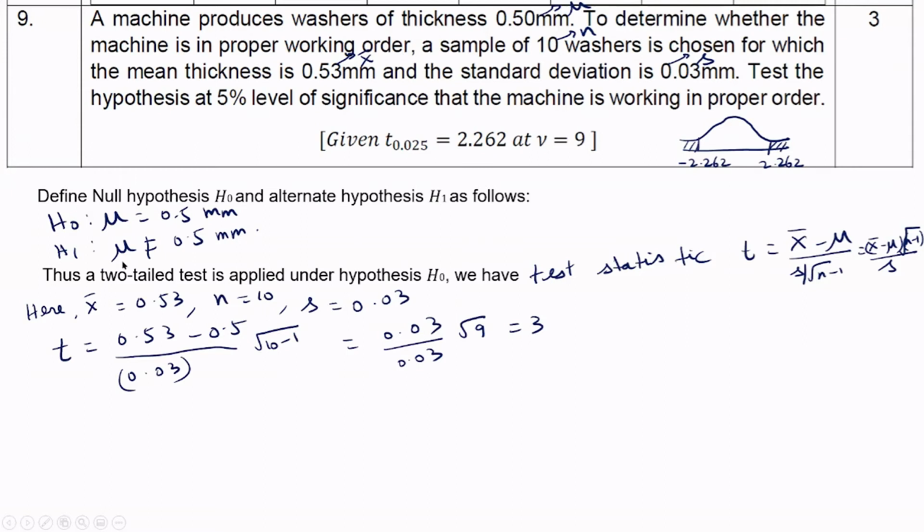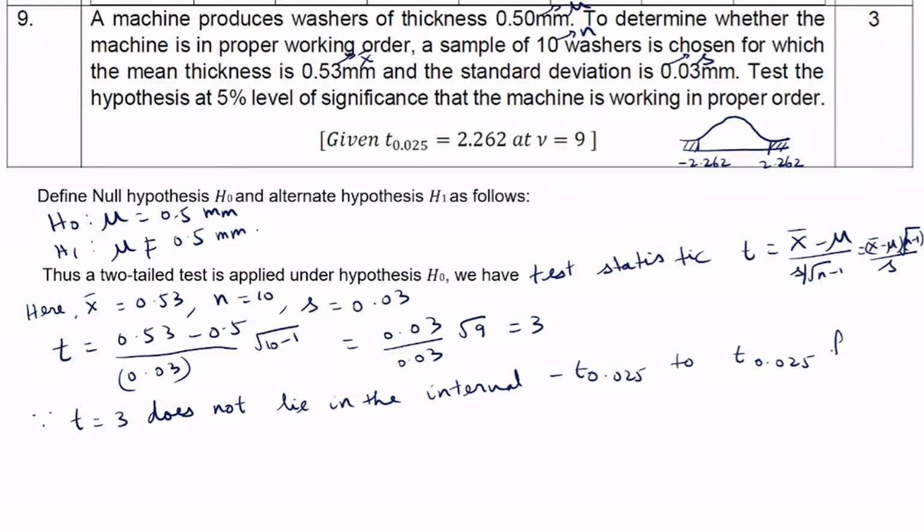So let us write the step. Since t equal to 3 does not lie in the interval minus t 0.025 to t 0.025 for 10 minus 1 equal to 9 degrees of freedom, that is minus 2.262 to 2.262, we reject H0.